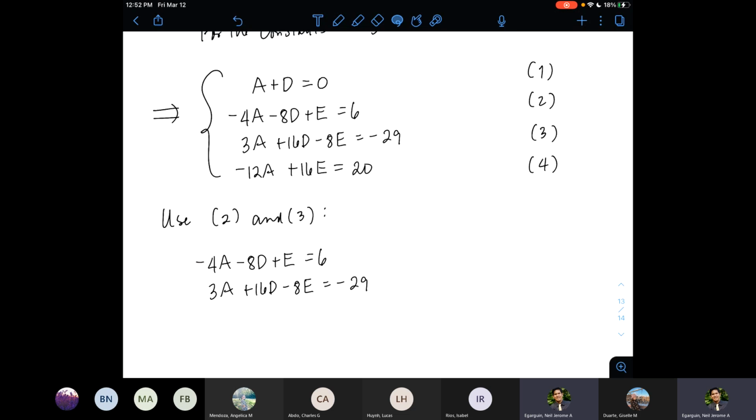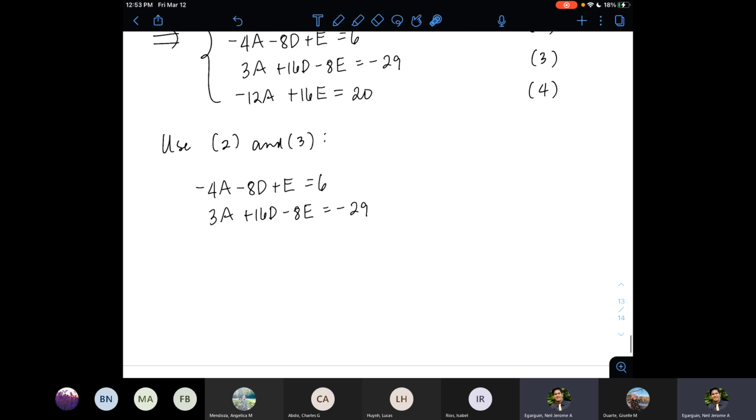And I'm targeting to use the resulting equation with equation 4. Yeah, I want to do it with equation 4. So I want to eliminate the variable d. Okay, how do I eliminate the variable d? I can multiply this by 2, right? So that the coefficient of d would be -16, and then I can add the two equations.